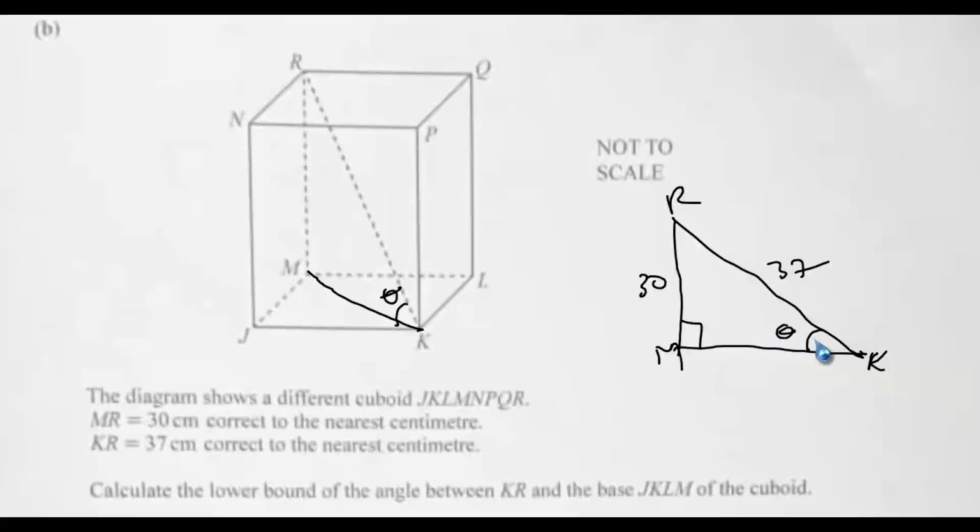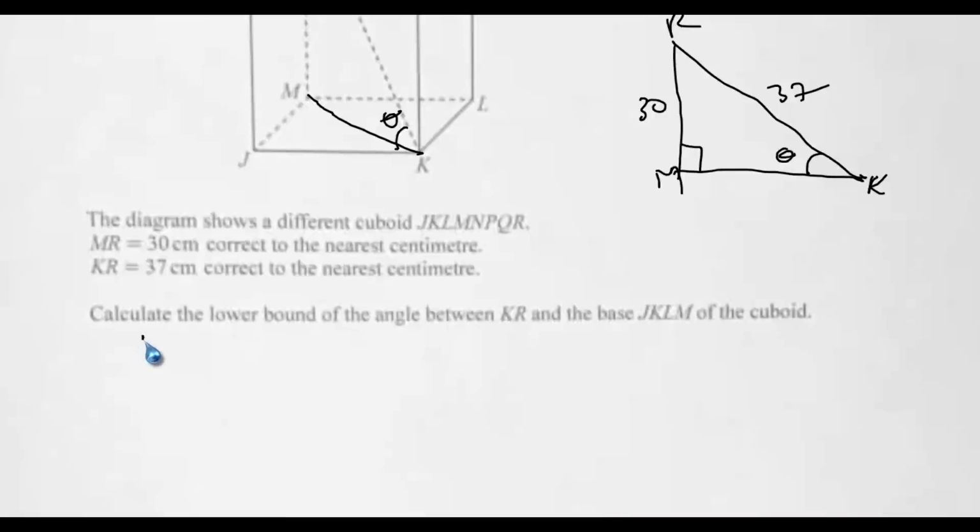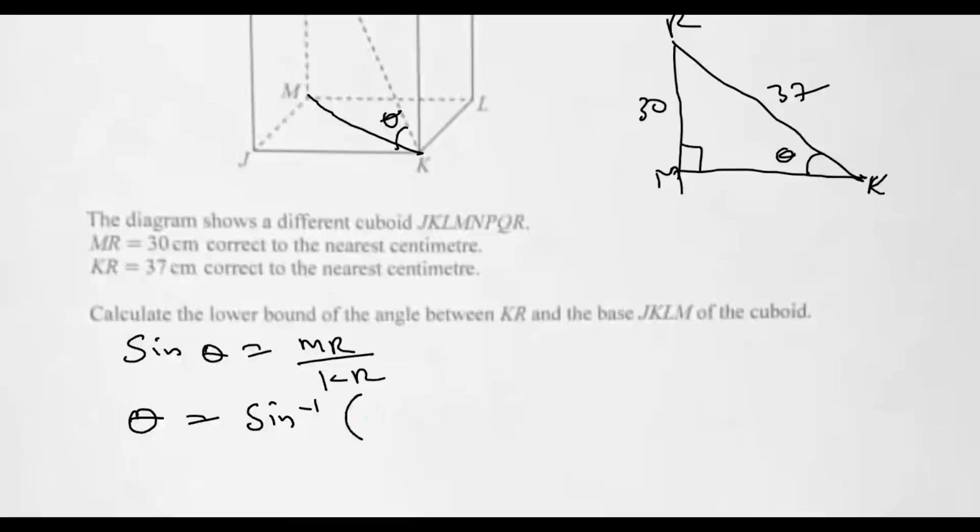So from here, it is obvious that we have opposite against hypotenuse. So I can scroll down. From here, it is obvious that sine theta equals MR over KR. Then we can take sine inverse of both sides. So theta will be equal to sine inverse of MR over KR.